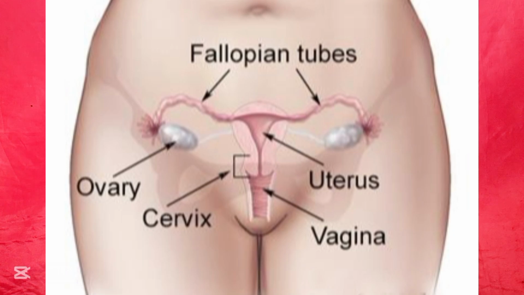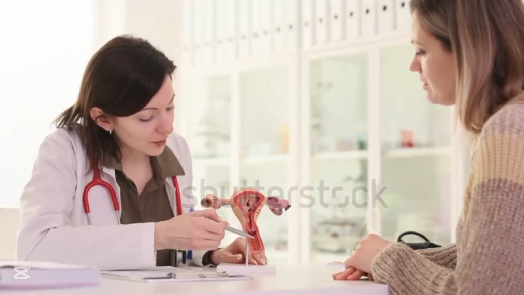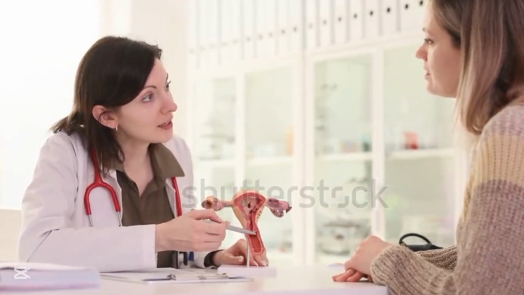So in this video, I'm going to talk about the pathogenesis of pelvic inflammatory disease. To begin with, what is a pelvic inflammatory disease? This is an infection of the female reproductive system. It is characterized by inflammation of a woman's reproductive organs, that is the ovaries, the uterus, and the fallopian tube.